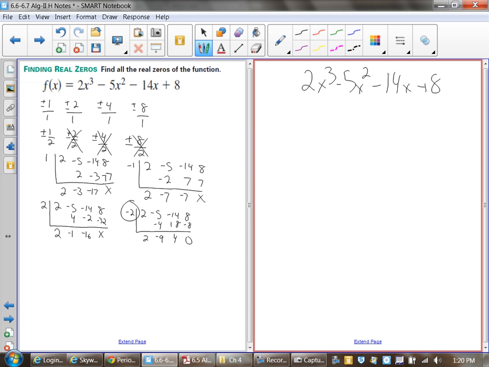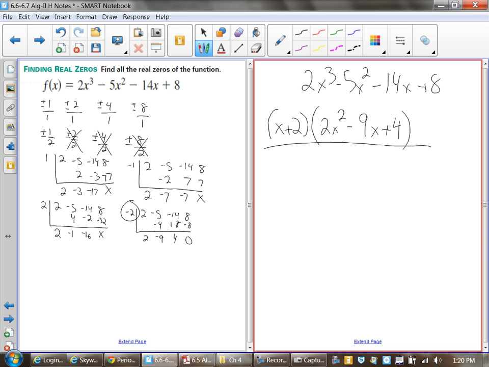If -2 is a 0, what's the term in parentheses? X plus 2. So what we've done is we've factored out an x plus 2, and now I'm left with 2x squared minus 9x plus 4. By using synthetic division, this is what's left right now.